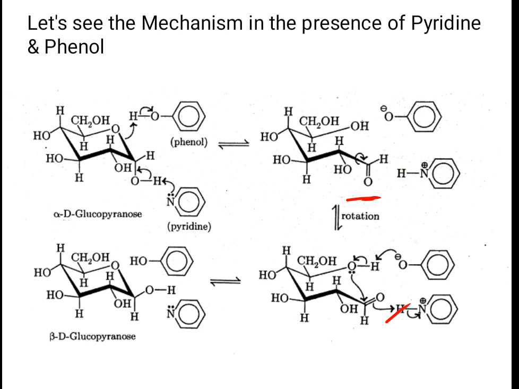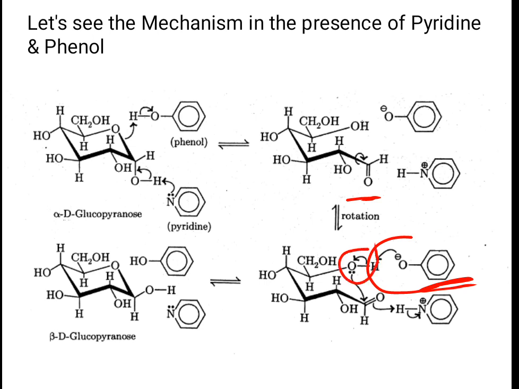Now again the conjugate base of this phenol, that means this is the phenoxide ion, will take a proton from this OH.